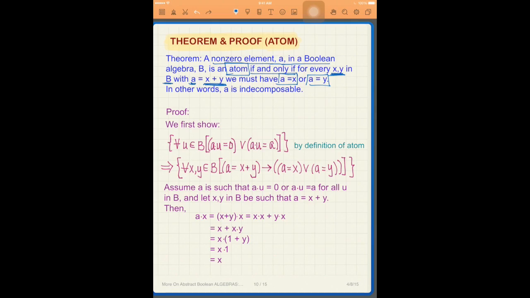I cannot write an atom as the sum of other elements in the set, other than having started with itself in one of those elements in the sum. Okay, so what do I mean?